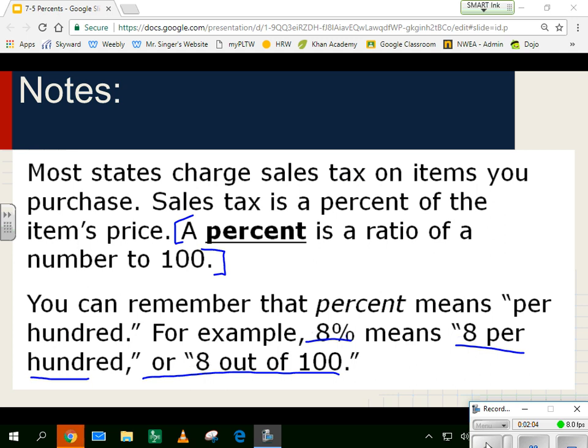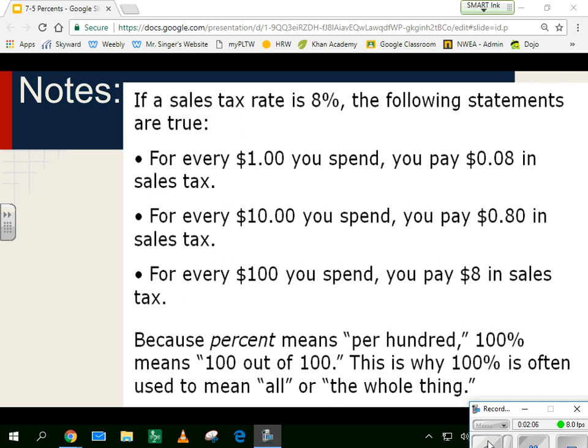All right, so you don't need to write this down, but I do want to talk about it. If you're looking at 8% in certain statements, you would probably see statements that say the following. For every dollar you spend, 8 cents is sales tax. That's 8%. Or for every $10 you spend, 80 cents would be sales tax at that 8% rate, and $100 spent would be $8 in sales tax.